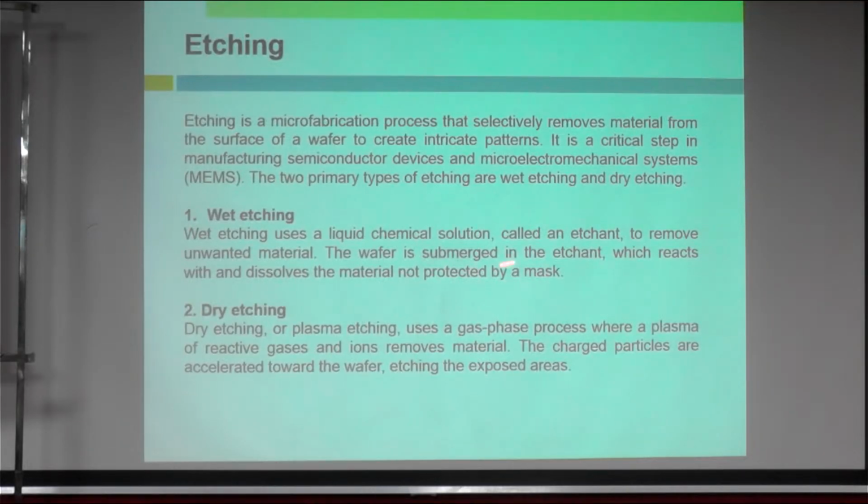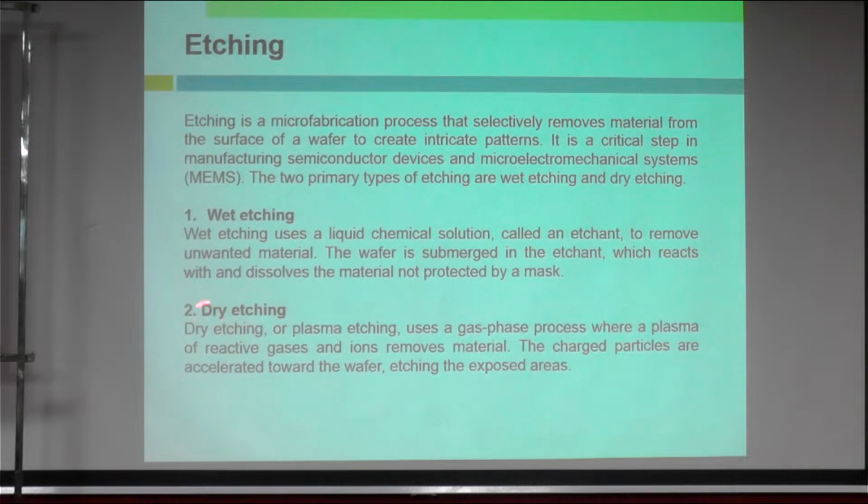The mask won't be removed or dissolved by the etchant, so the etchant will only remove the required part. For example, if you want to remove certain silicon material, or silicon dioxide, or sometimes polymer materials as well, with some protective mask.